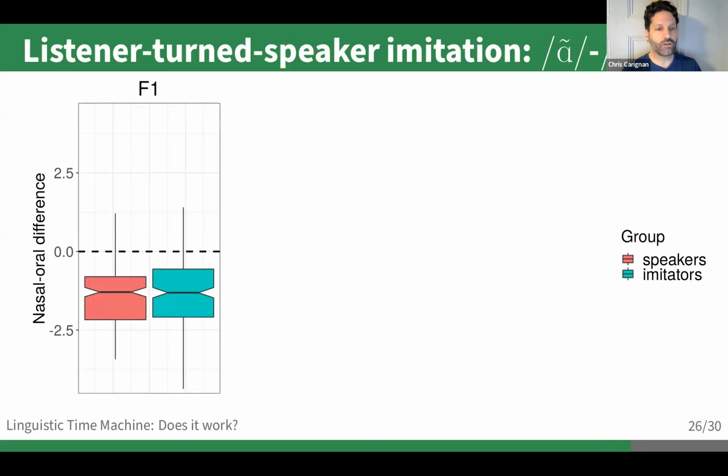For both the speakers in red and the imitators in teal, F1 was lower for the nasal vowel compared to the oral vowel. And there is no difference between them. So with regard to F1, amazingly, the imitators were actually able to replicate the acoustic output that the speakers had.